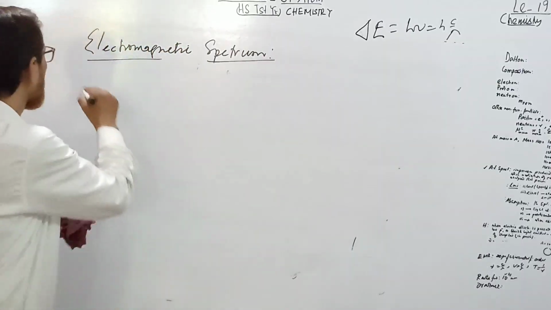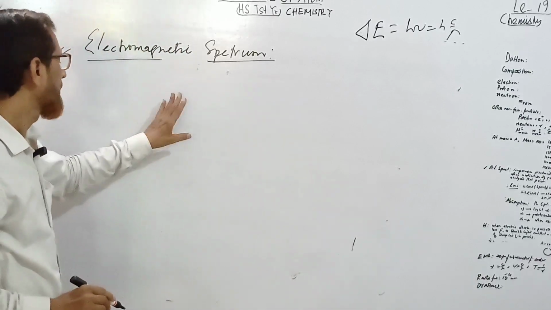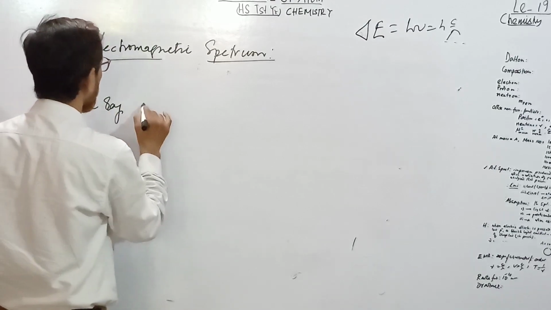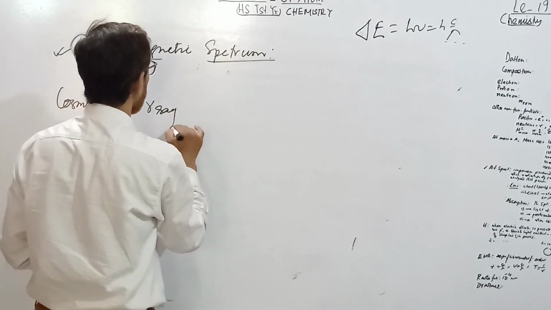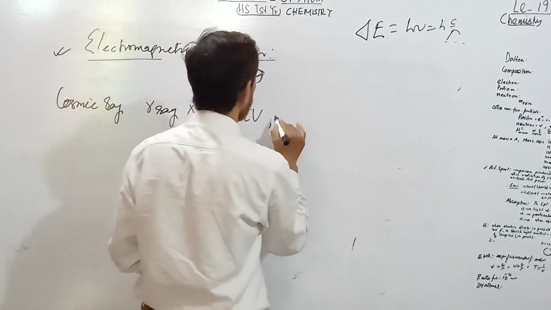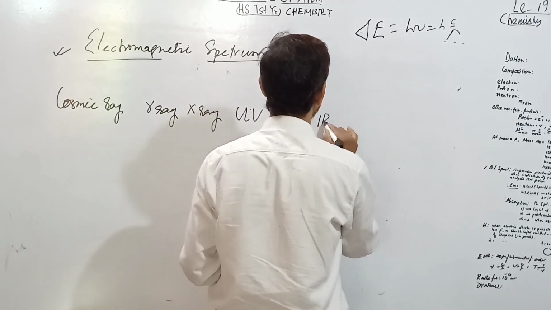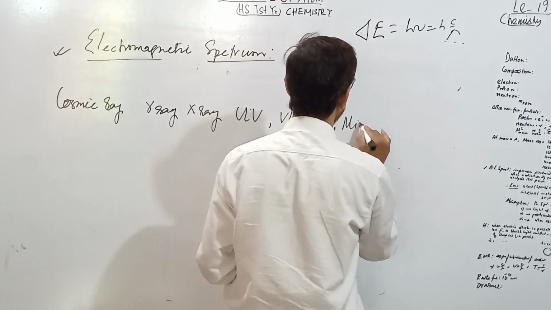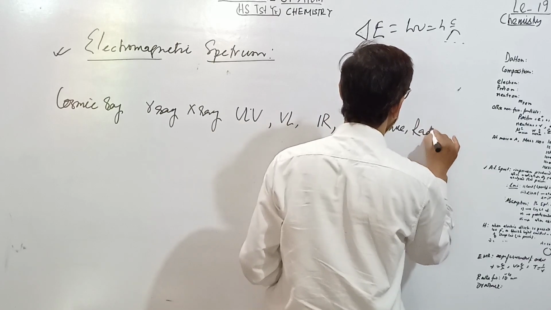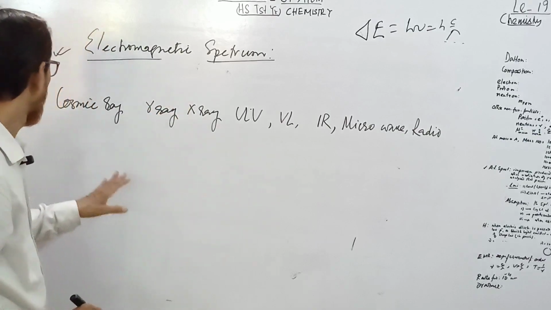Electromagnetic spectra, again, is very important from the entrance point of view. Very often in entrance questions and also in class, you are asked this. You should keep it in your mind, very often the question is asked.